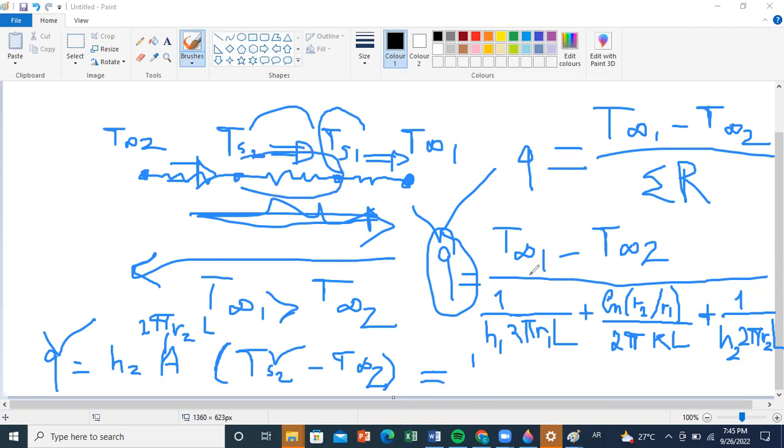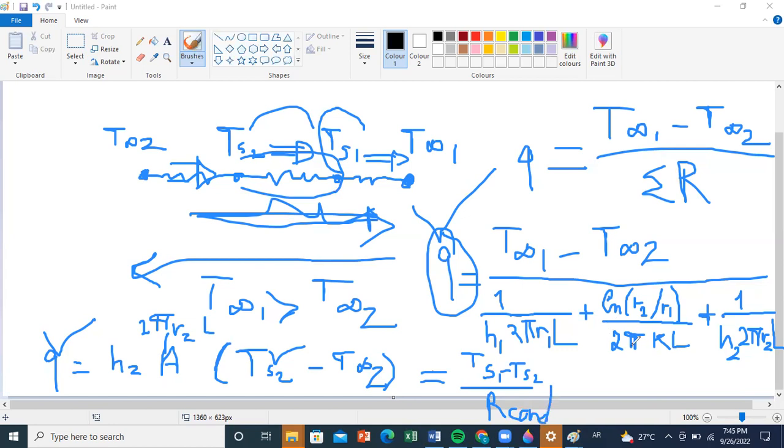We said that we obtained its expression in cylindrical coordinates. So we replace back by T surface 1 minus T surface 2 over the resistance of the conduction through the cylindrical system, which is here.